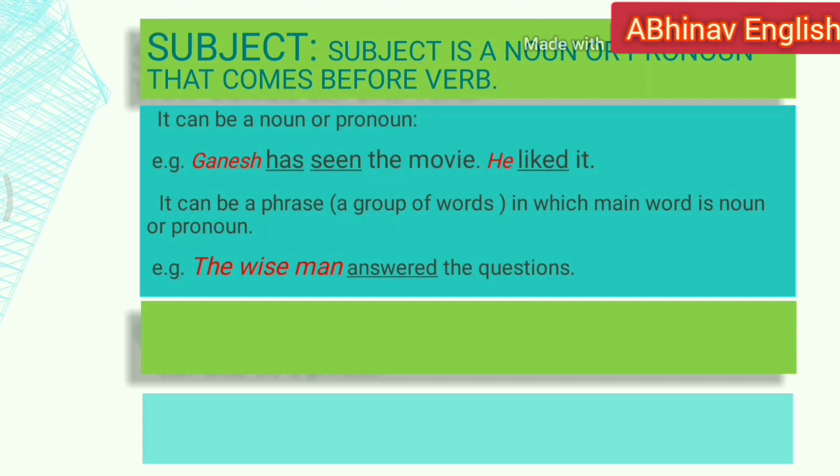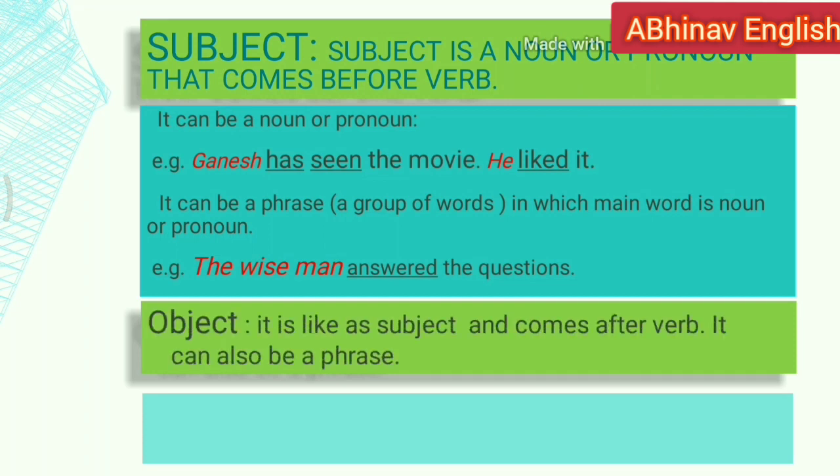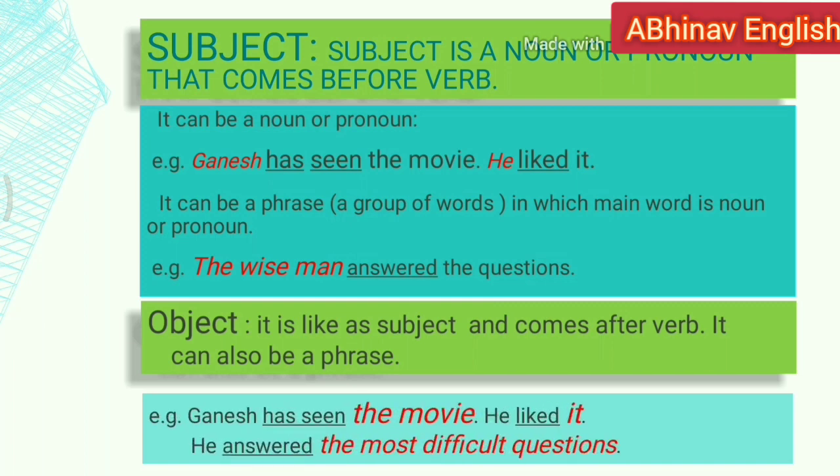Now let us see what is object. Object is like a subject and comes after the verb. It can also be a phrase, as subject is. Ganesh has seen the movie, he liked it. In both the sentences you will find the movie, a noun, as an object, and in the second sentence it is a pronoun as an object.